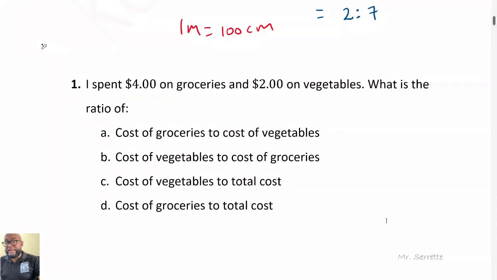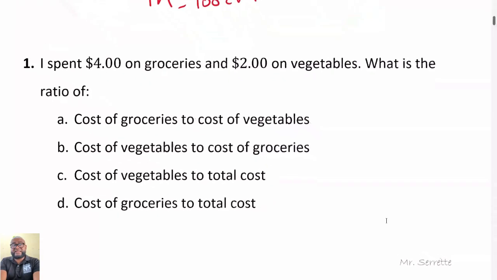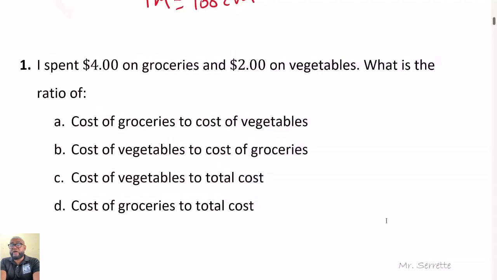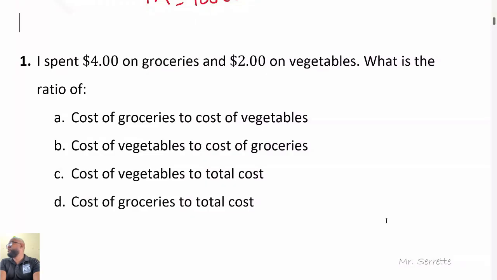Right. So we're going to deal with some ratios right now. What is the question saying? The question is saying that I spent $4 on groceries and $2 on vegetables. Everybody good there? What is the ratio of the cost of groceries to vegetables? Let's work, right? What will be the cost of my groceries? $4. So it will be 4 to, what's the cost of my vegetables? 2.